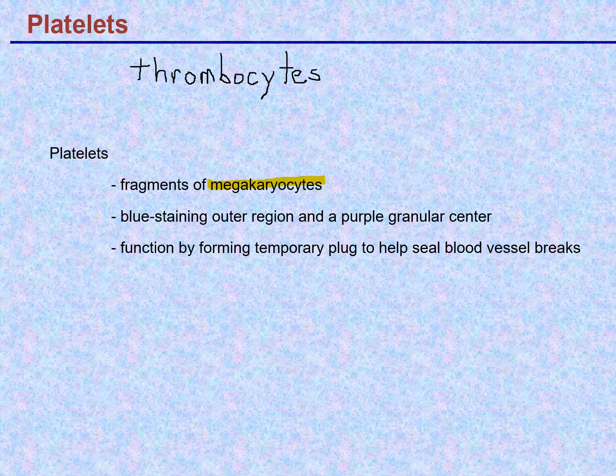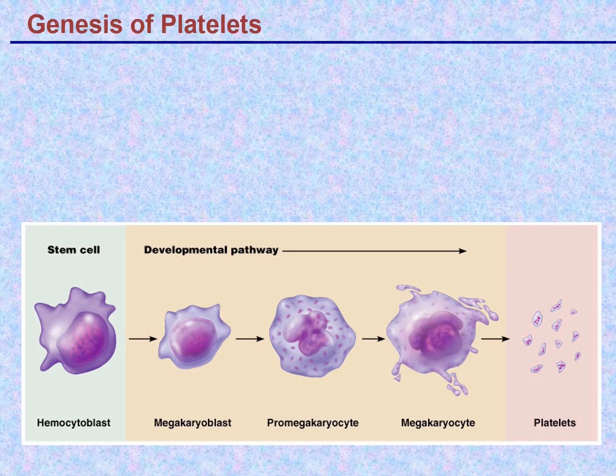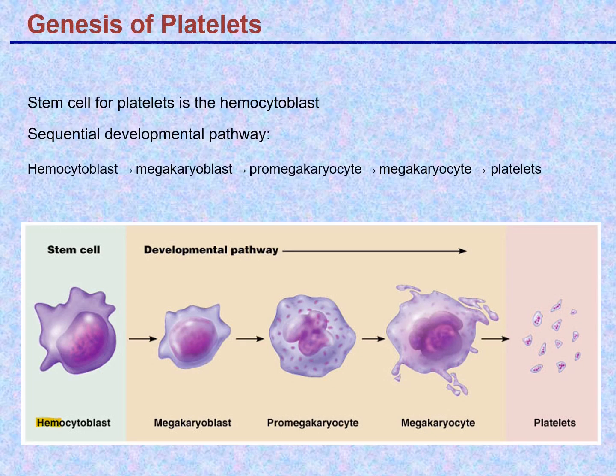Platelets act by forming the very first reaction to a break in a blood vessel, and they'll form a temporary platelet plug to start off the overall coagulation response to a tear in a blood vessel. Here you see the stem cell hemocytoblast.